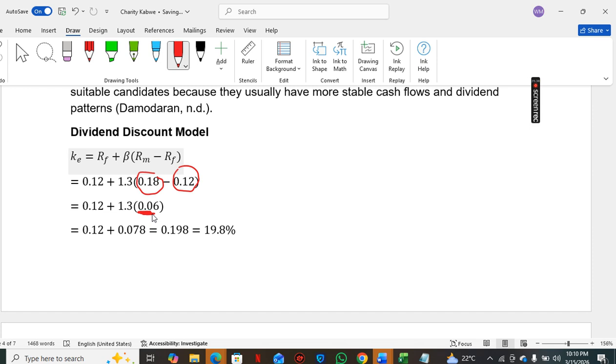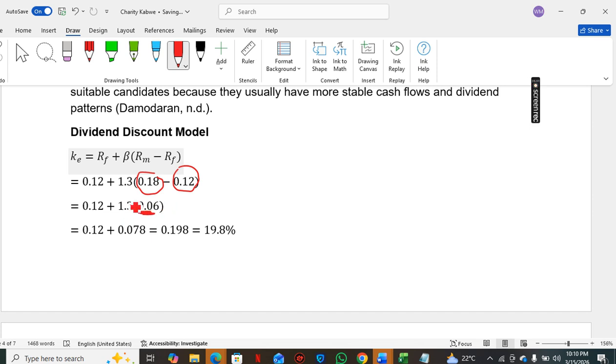You are getting a 6% extra return for taking the risk. That is what equity premium is. The extra return you get for undertaking risk.